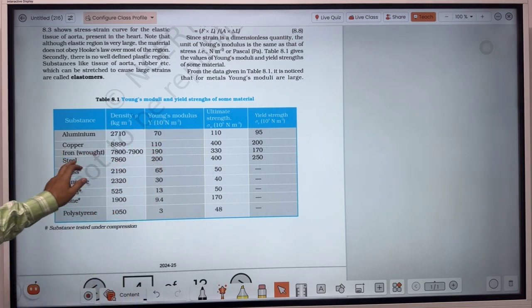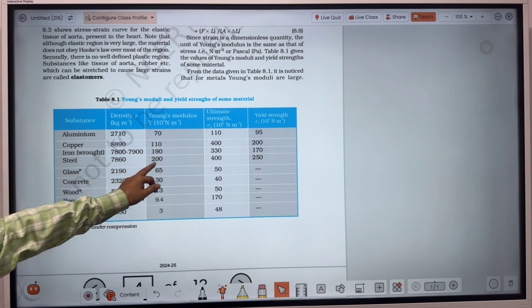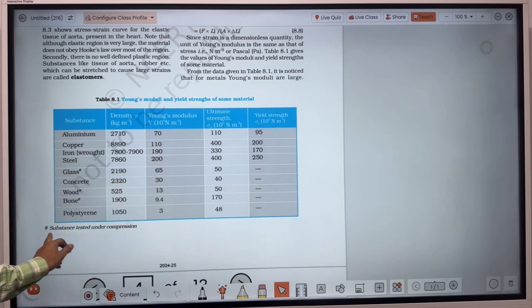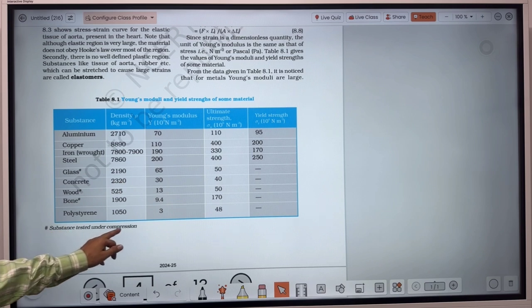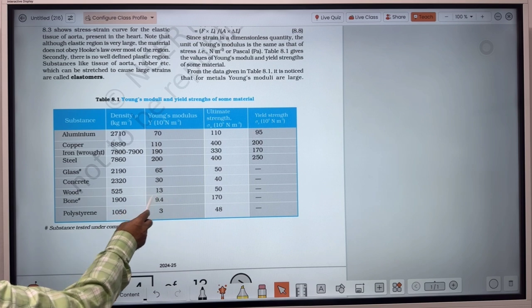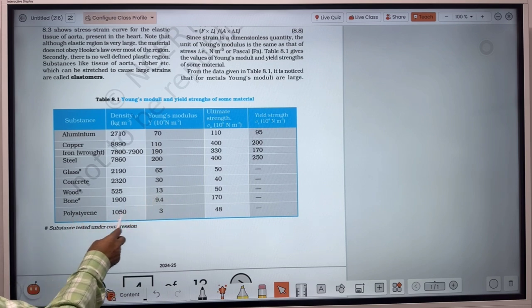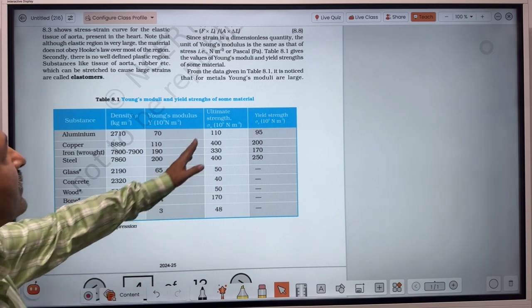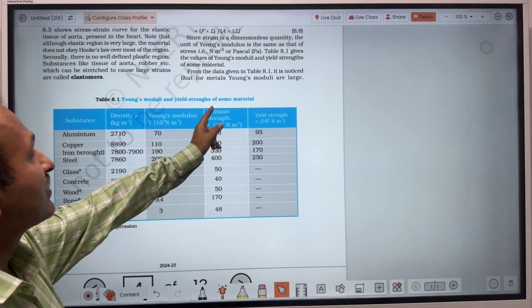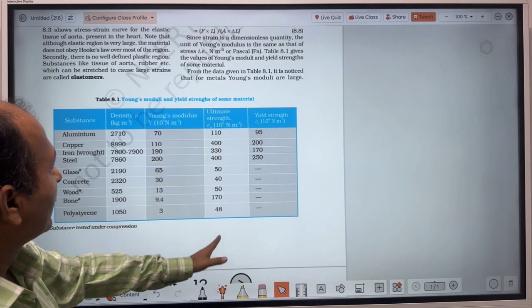For copper it is 110, for iron it is 190, for steel it is 200, for glass it is 65. Substances tested under compression. And then concrete this much, wood this much, bone this much, polystyrene this much, and ultimate strength like 110 into 10 power 6. This is stress, maximum stress, 400.